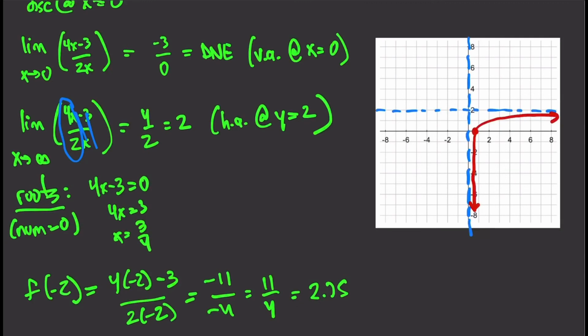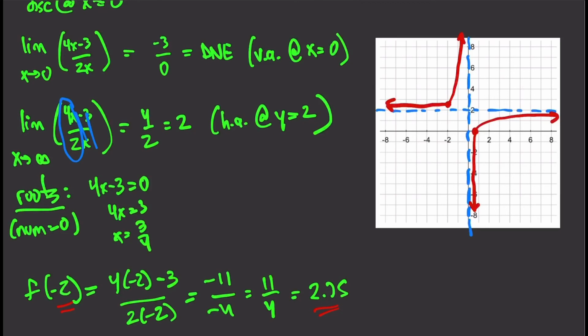So basically all you need to know, since we're just making sketches, is that when x is -2, y is almost 3. It's going to be right there. So I have enough information now to create a rough sketch, because remember, those are asymptotes, and that's what that function is going to look like.